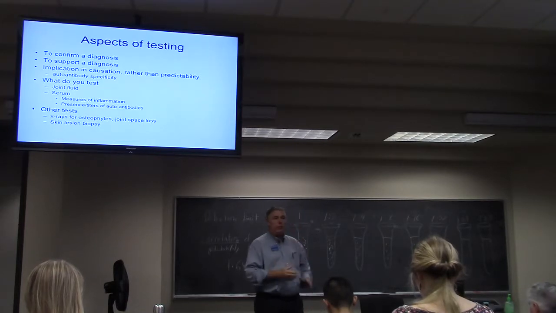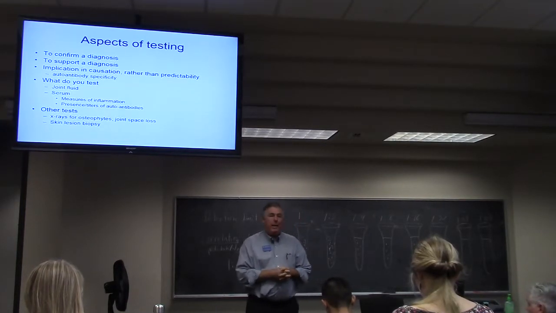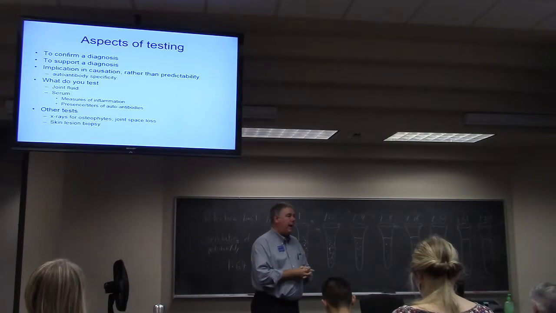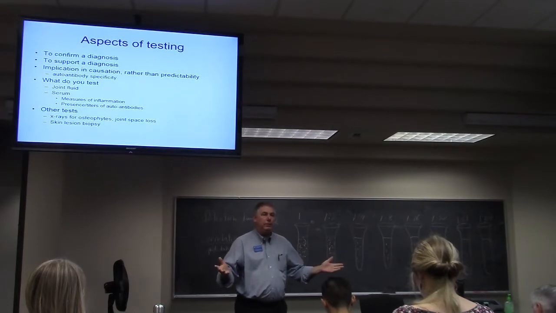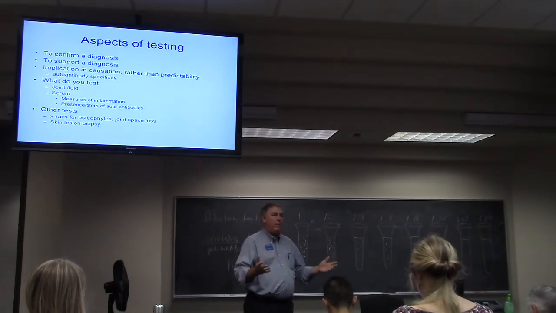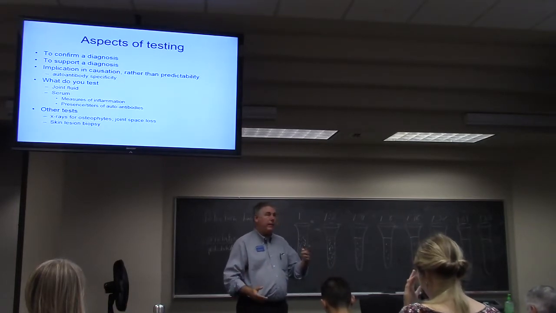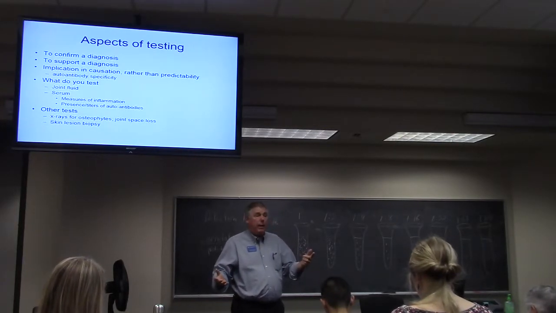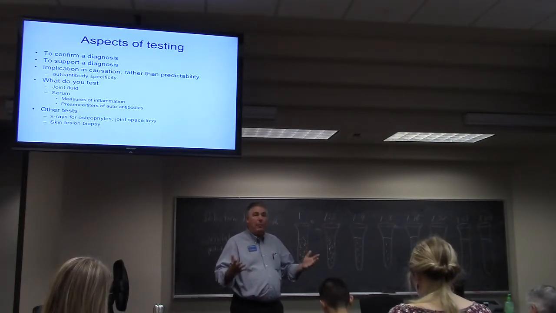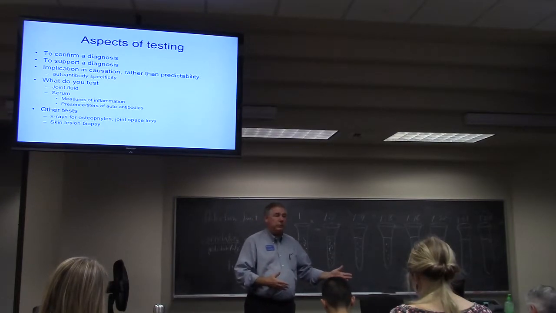If we pick something, one of the tests that we're going to talk about is called an ANA, an anti-nuclear antibody test. If we survey the general population, there's a great many people that have a positive ANA that will never have a connective tissue disease. As a matter of fact, most everybody has antibodies to nuclear antigens.